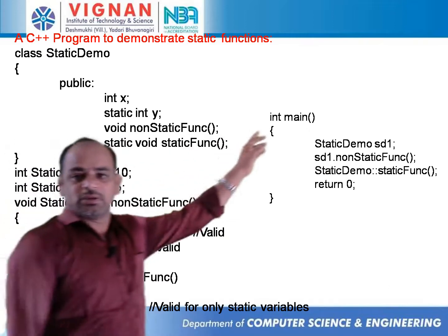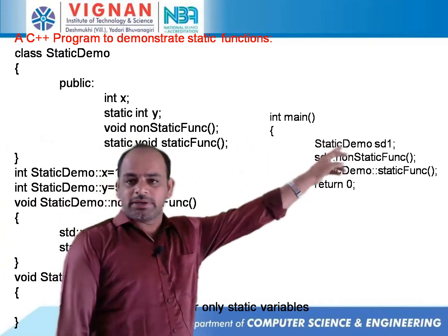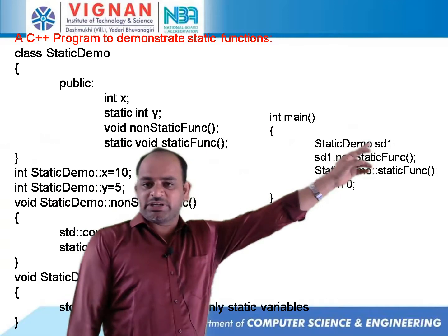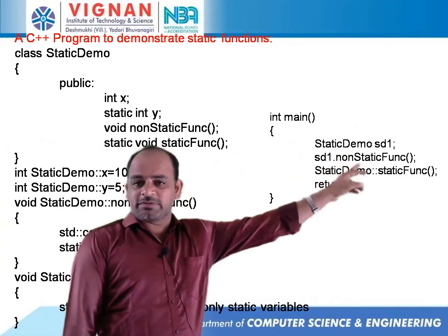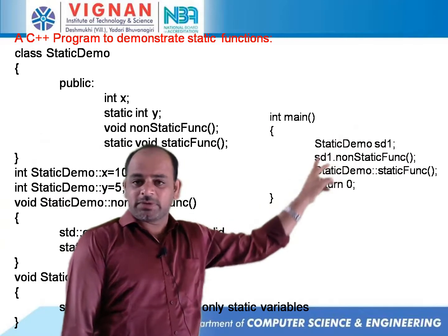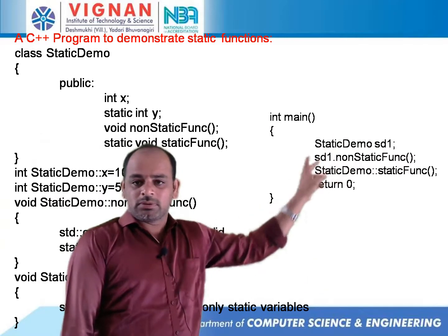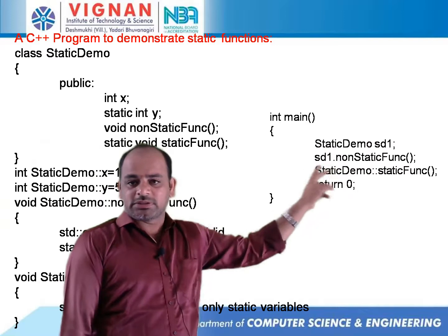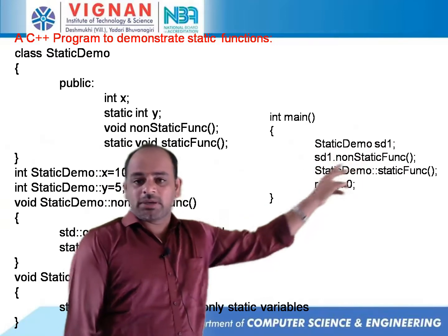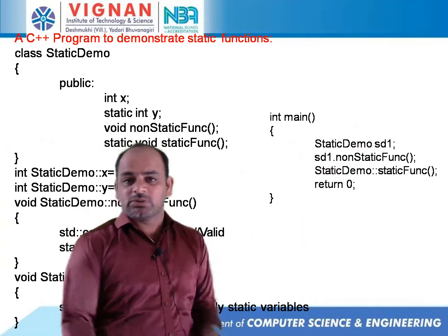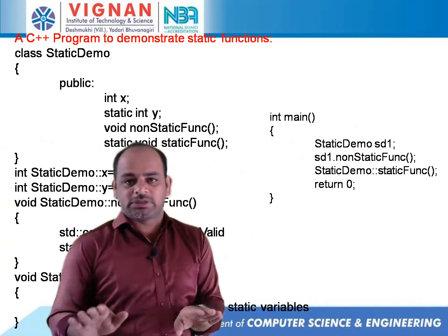Now you can see in this example, the StaticDemo object SD1 is created. Now we have the non-static function. This non-static function is called by using the object: class object name dot non-static function. But static member functions we need not call by using the object name, right?